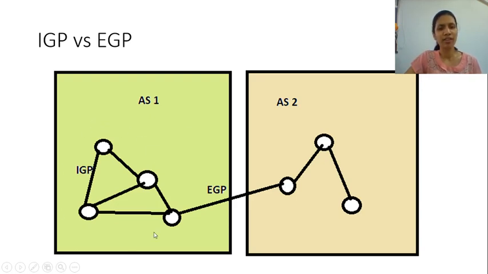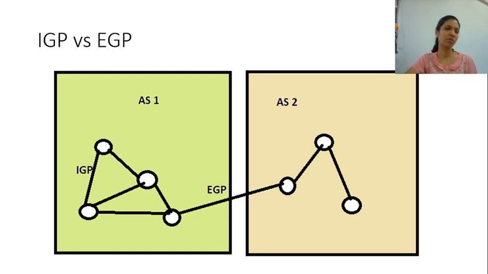If you want devices only within the same autonomous system to be able to communicate with each other, then simply use the interior gateway protocols on all of these devices. So that is about interior gateway protocols versus exterior gateway protocols.